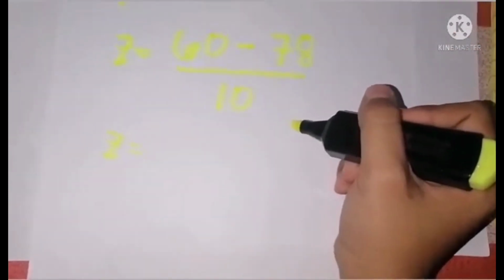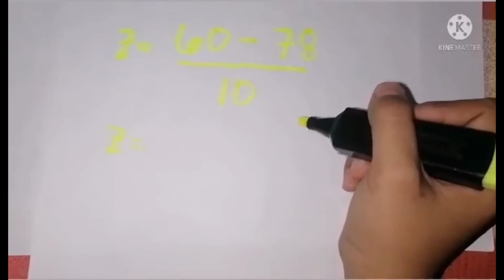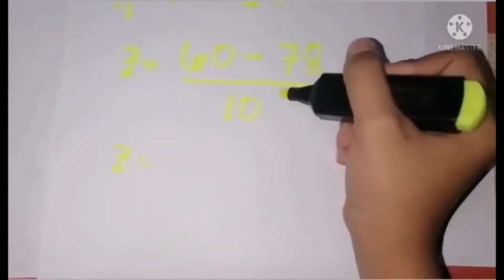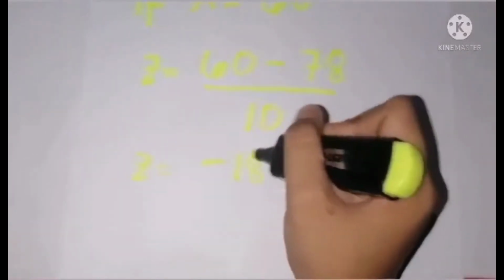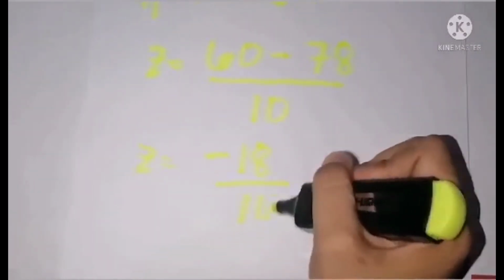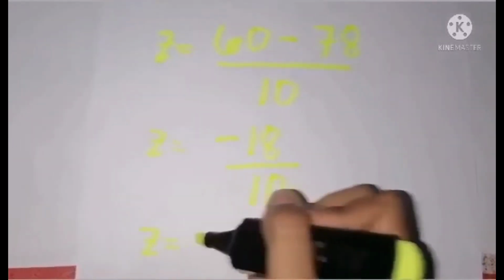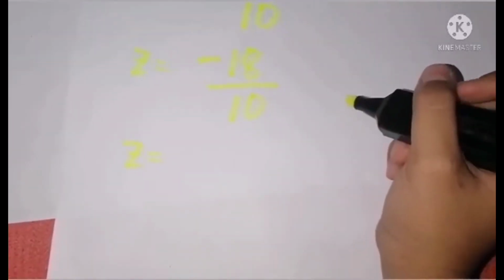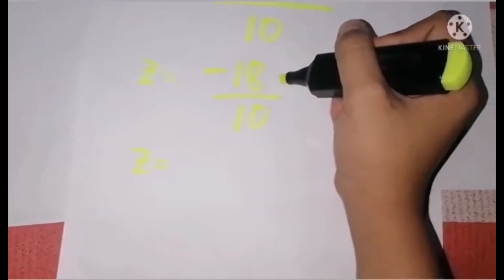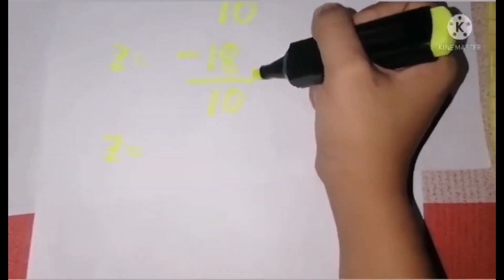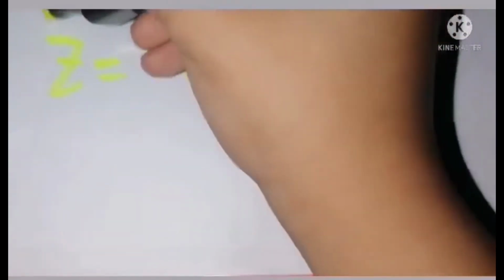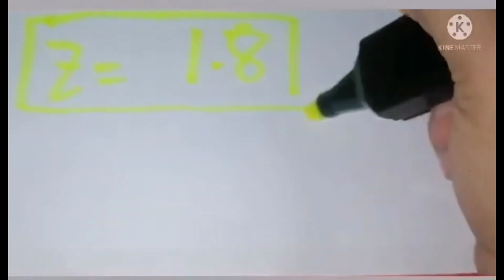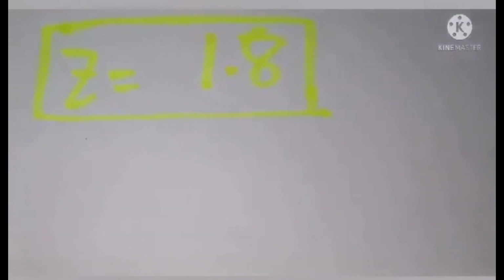Pero dahil mas mababa siya kesa sa mean, so magiging negative yung result. So, 60 minus 78 is equals to negative 18. Then, all over the sigma pa rin na 10. And the last is, i-divide natin siya. So, negative 18 divided by 10 is equals to negative 1.8. So, ito yung result ng student na may score na 60.